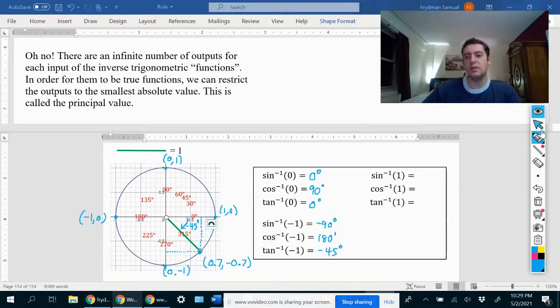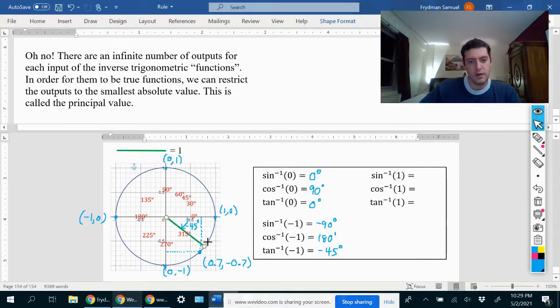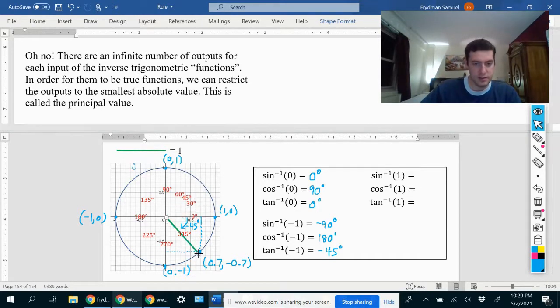Now, actually, there is another angle here, or really another place that I could move this line here, which gives us negative 1 again, and it's right over there.